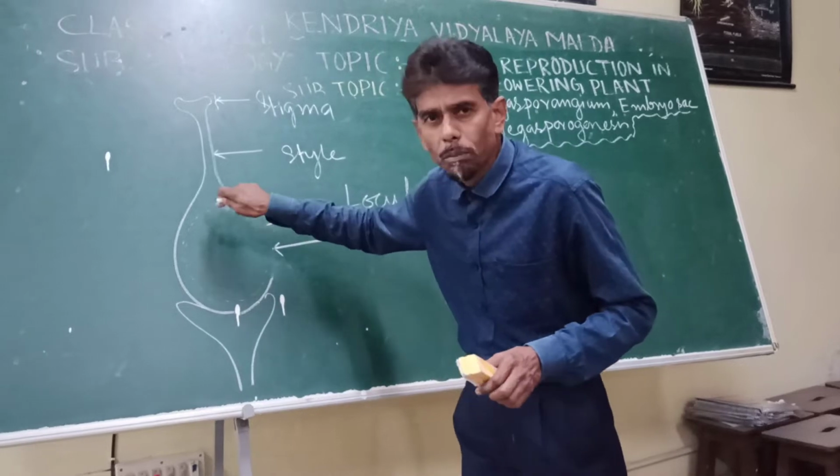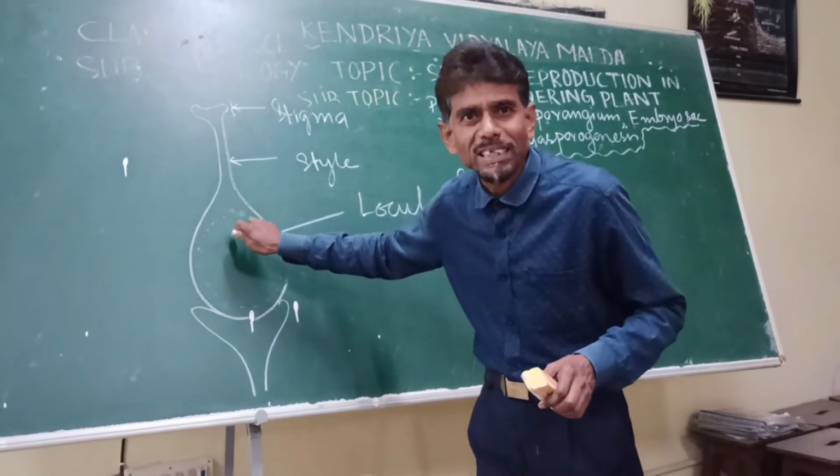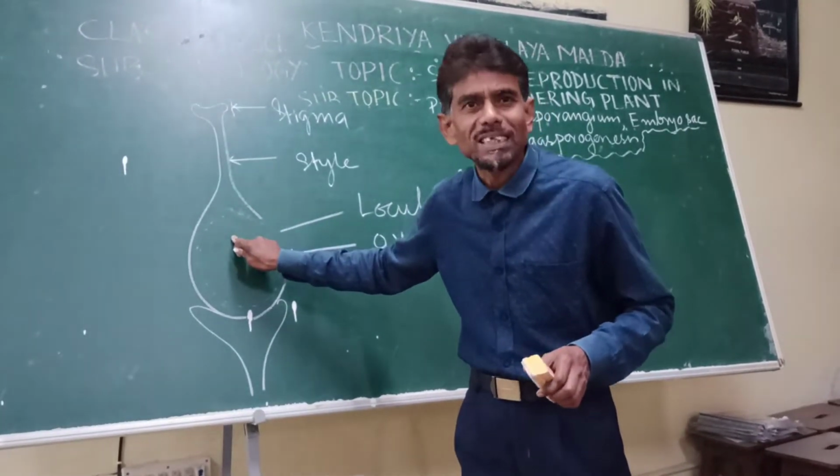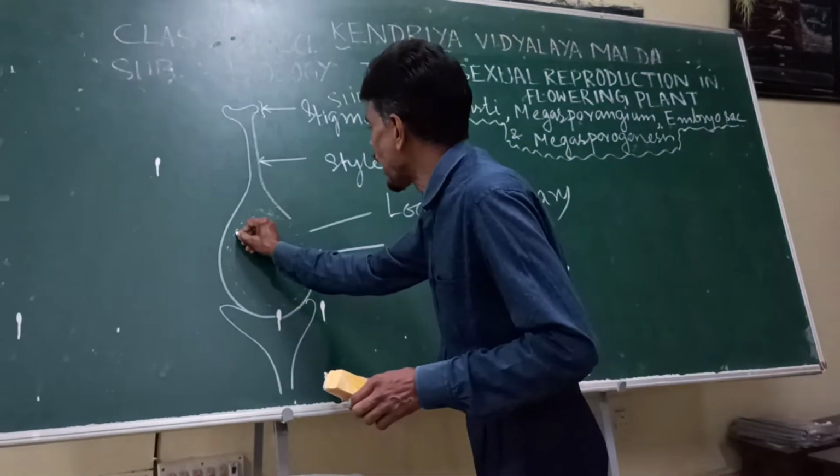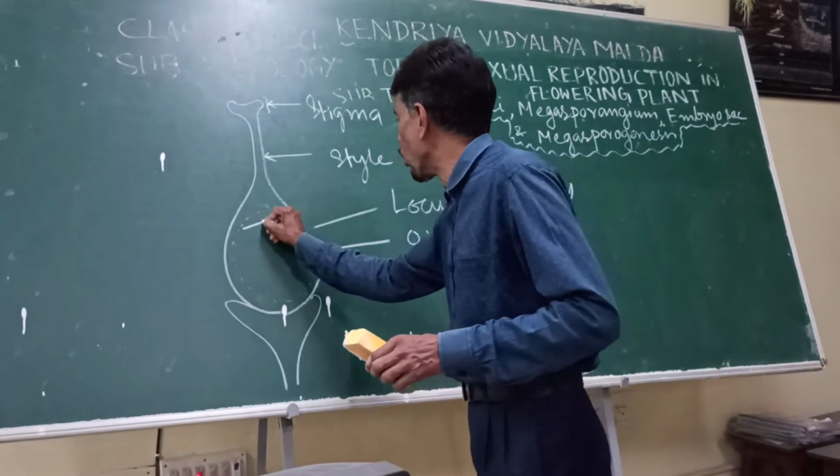Within the locule of the ovary resides the placenta. What is it? Placenta. So the placenta is present within the locule of the ovary.